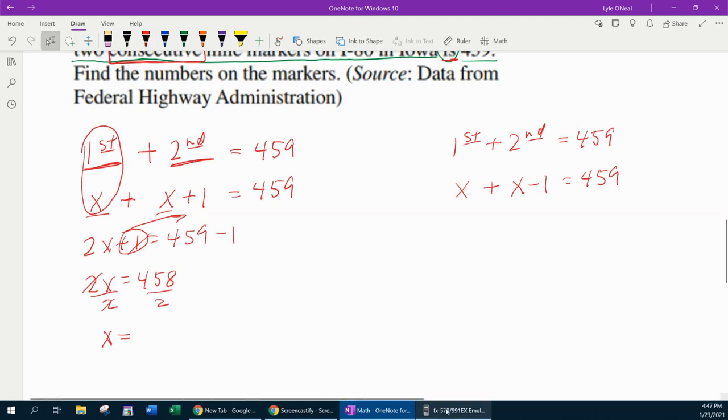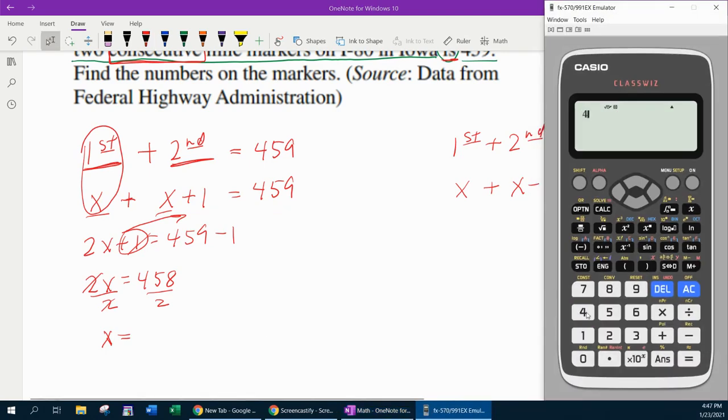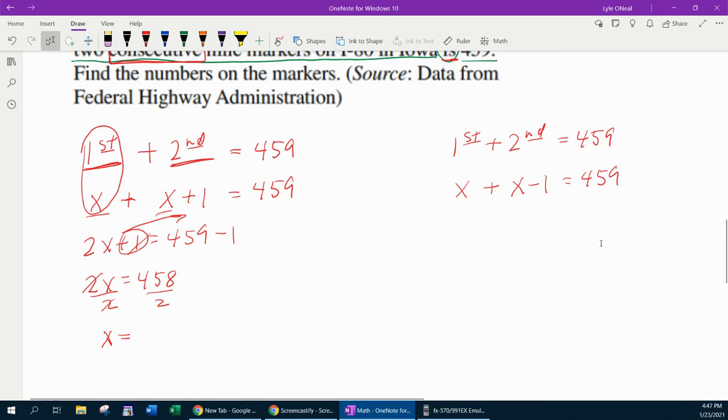So what is 458 divided by 2? 229. 229 would be the first mile marker. And so the second mile marker would be 1 more than that. X plus 1 would be 230.